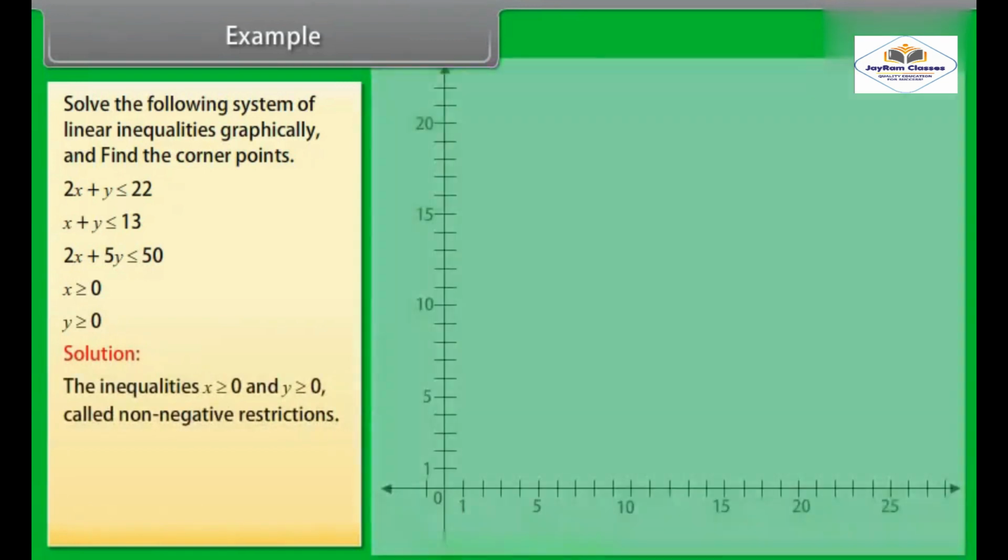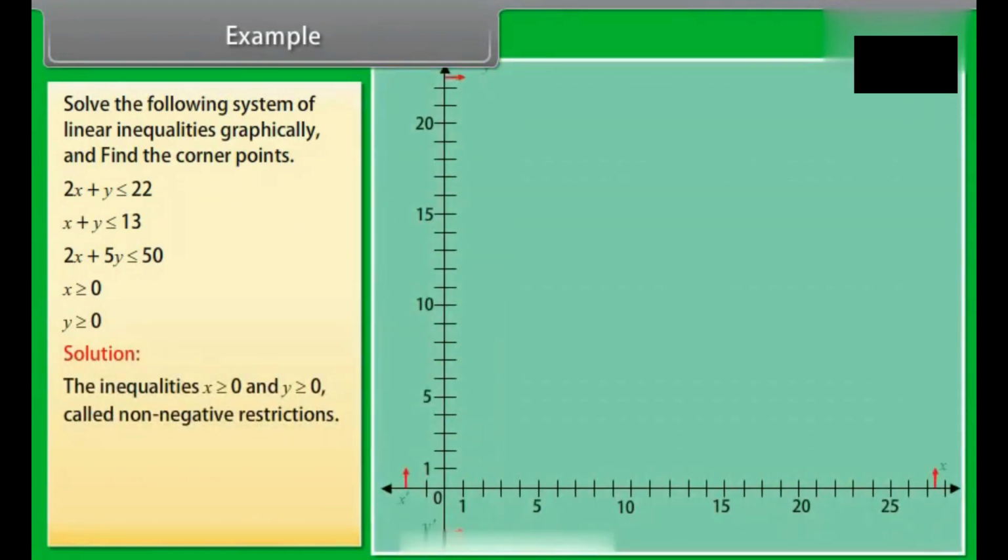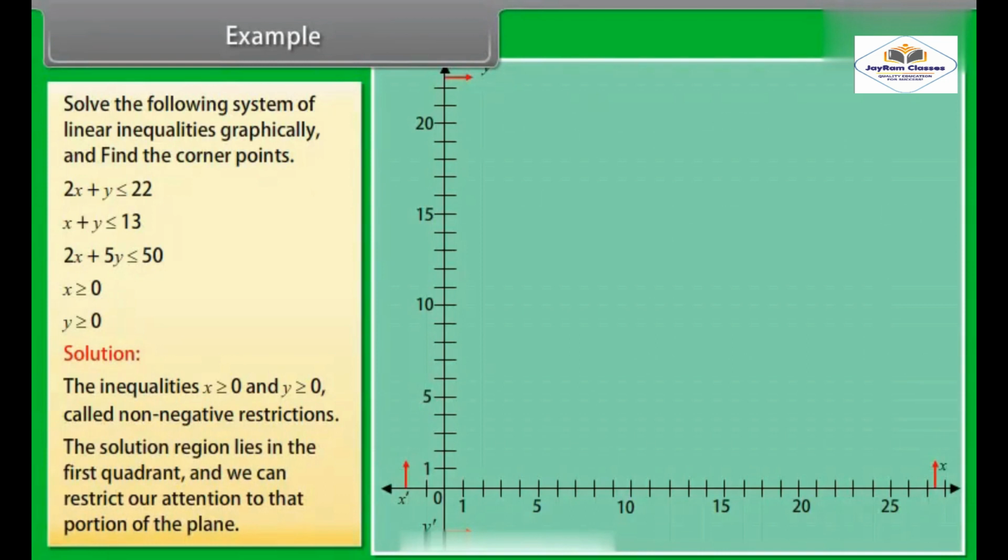Solution: the inequalities x ≥ 0 and y ≥ 0 are called non-negative restrictions. The solution region lies in the first quadrant, and we can restrict our attention to that portion of the plane.